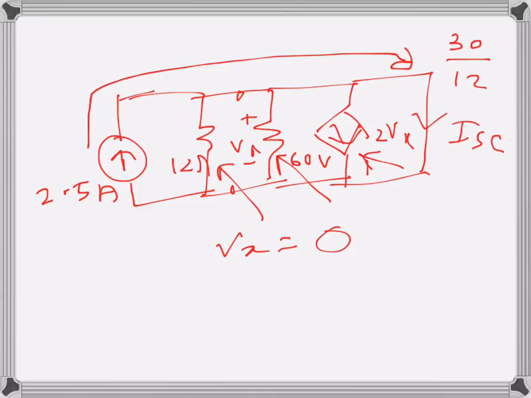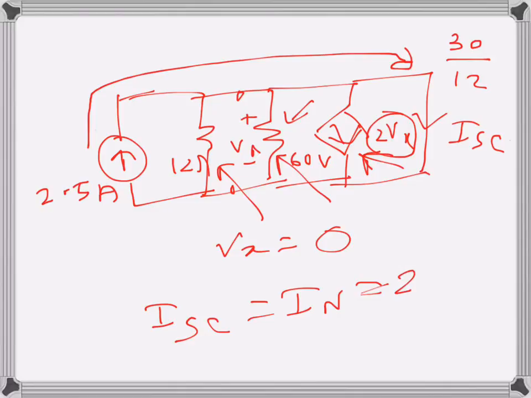So this current source 2Vx will also become 0, since the voltage drop Vx is 0, which is the drop across the 60 ohms resistance. There is no current through the 60 ohms resistance. So from direct observation, we can just write I short circuit, which is I Norton, will become 2.5 amps. So that will be the Norton's equivalent current.